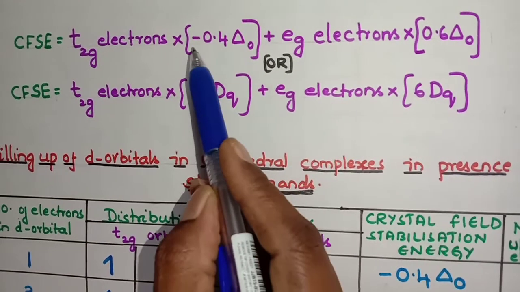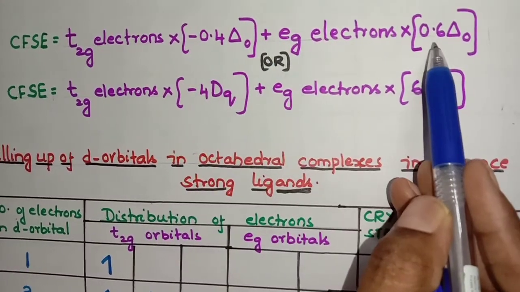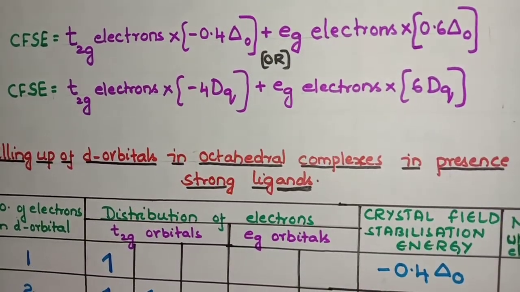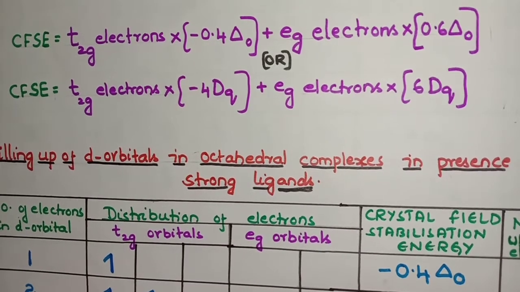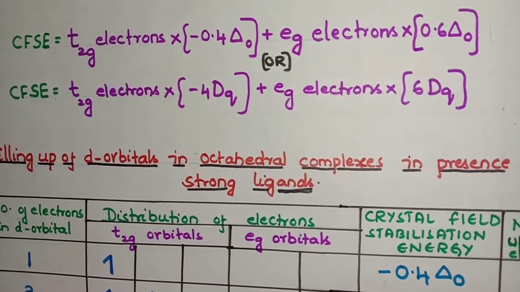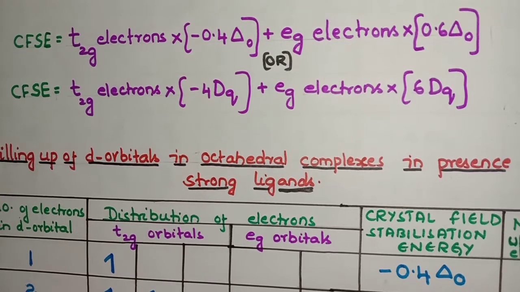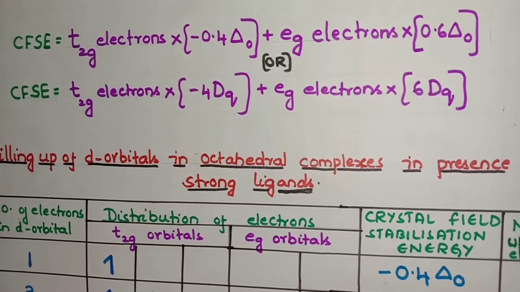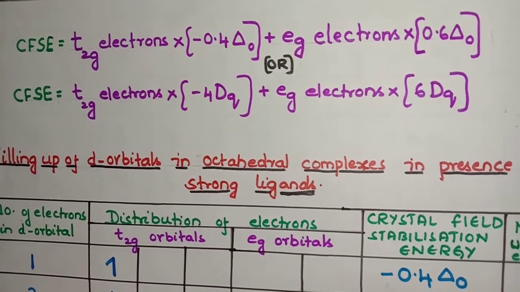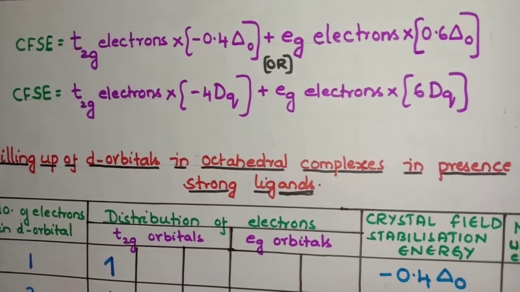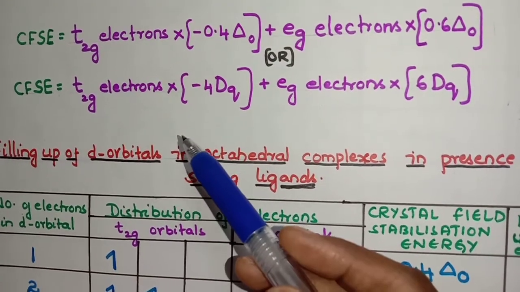We used minus for T2G and positive for EG because the energy of T2G electrons will be less than the energy of EG electrons. The reason for this also we have learned in the previous class. Please go through that video once again. There is one more formula also that you can follow.